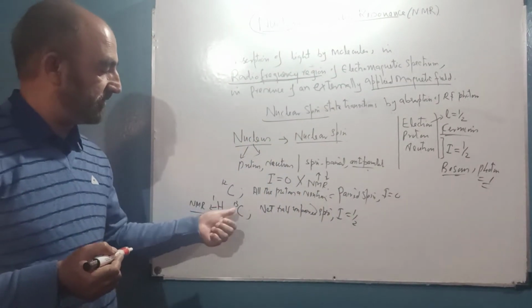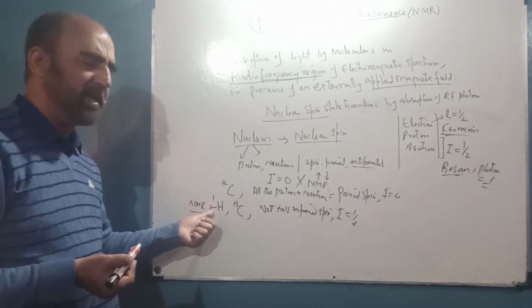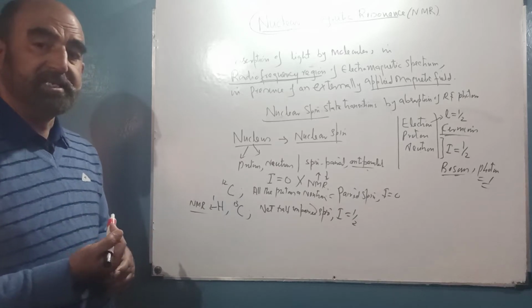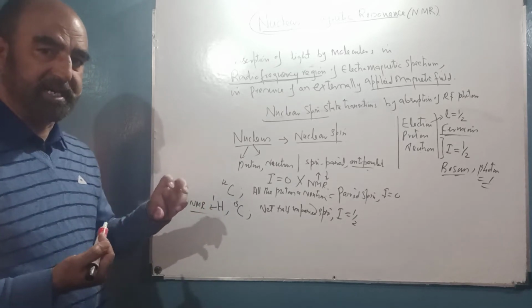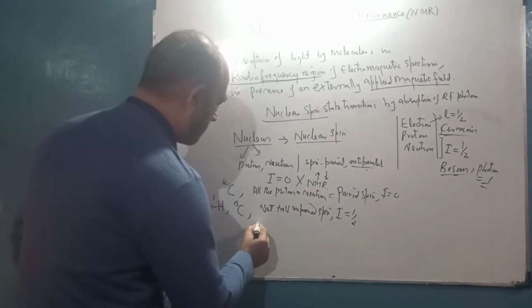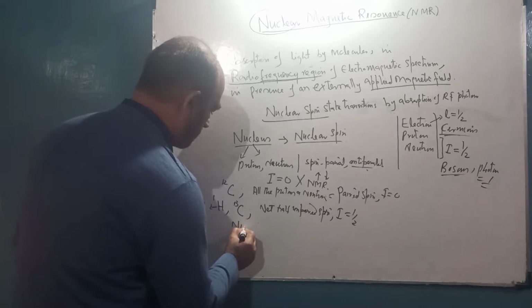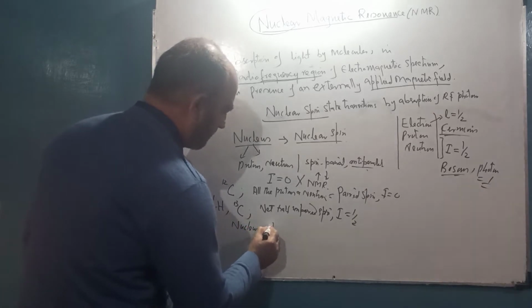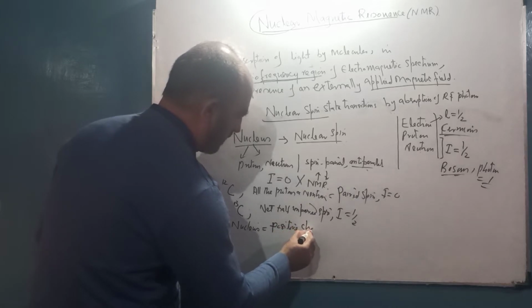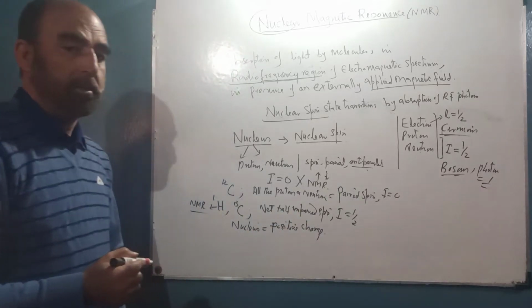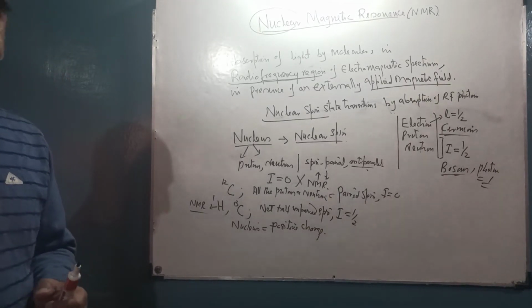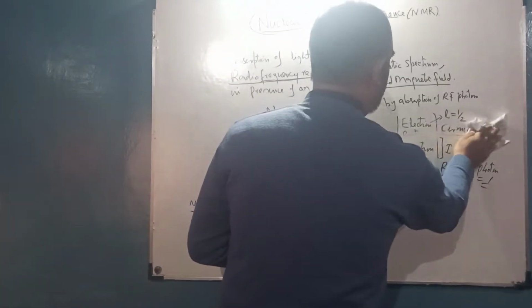Now when we have the net spin for carbon 13 or hydrogen 1, and there are many such isotopes which have some net spin, that means the nucleus has a spin, and now we know the nucleus has one additional property, the nucleus has a charge. So any nucleus has a positive charge. Now that means when something has a positive charge and it is spinning, it is a spinning positive charge.